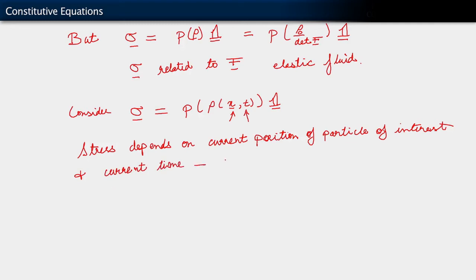And this is what is called the principle of local action.